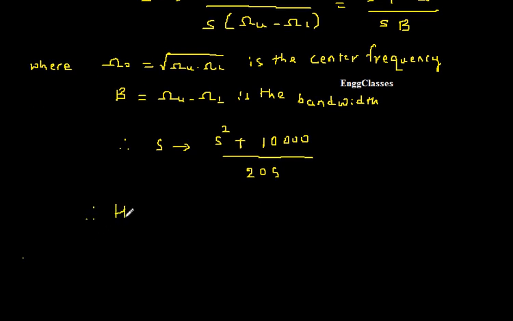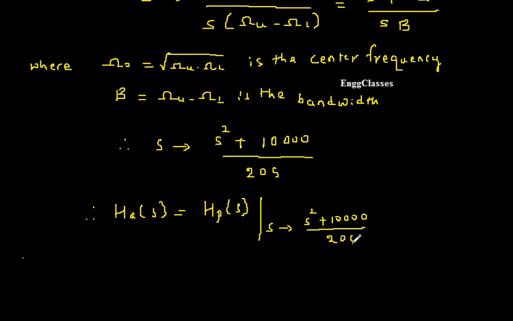Therefore HA of S is equal to HP of S, wherein every S need to be replaced with S square plus 10,000 divided by 20 S. Is that correct?